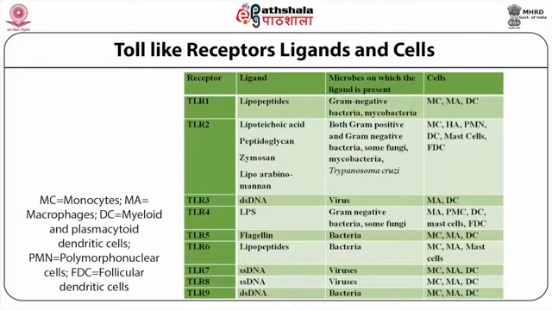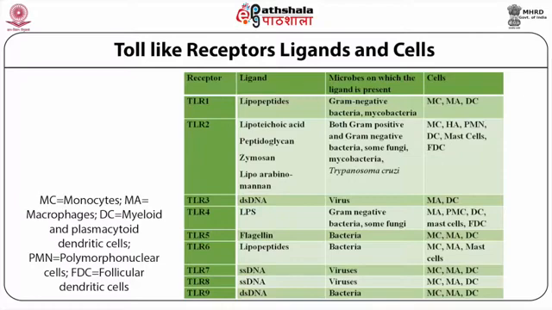TLR2 can form heterodimers with TLR1 or TLR6, with triacyl proteins and diacyl proteins as ligands. TLR3, TLR7, TLR8, TLR9 are intracellular TLRs found on endosomes.